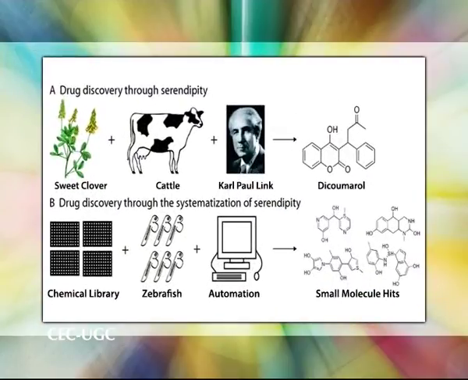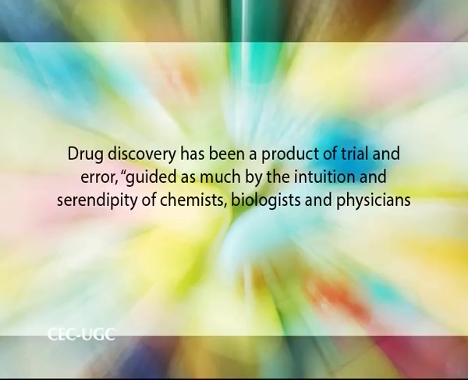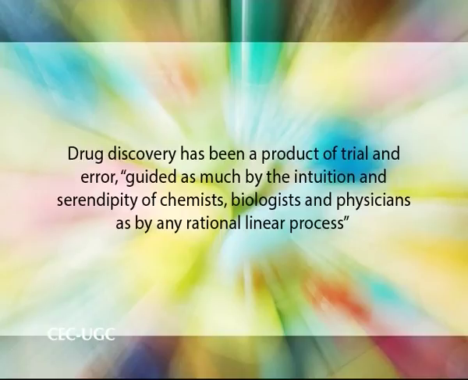Historically, drugs were discovered by identifying the active ingredient from traditional remedies or by serendipitous discovery. For most of its history, drug discovery has been a product of trial and error, guided as much by the intuition and serendipity of chemists, biologists, and physicians as by any rational linear process.